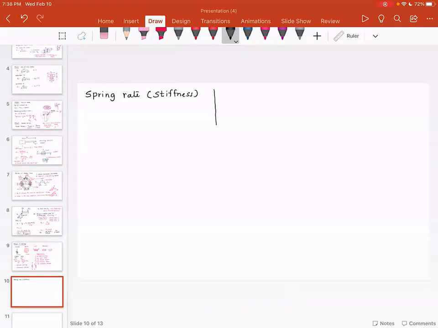This is load per unit deflection. So if you have force and if you have deflection, then the slope of this is called spring rate, which is force by deflection.